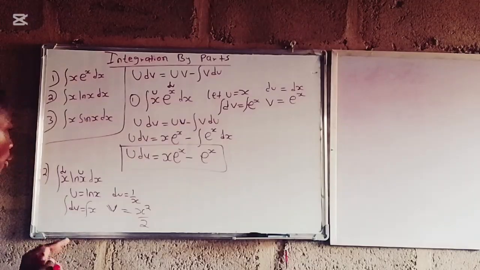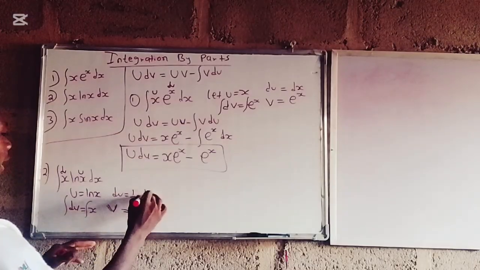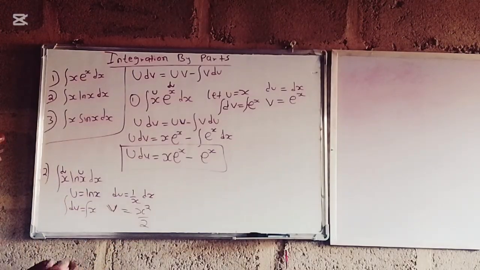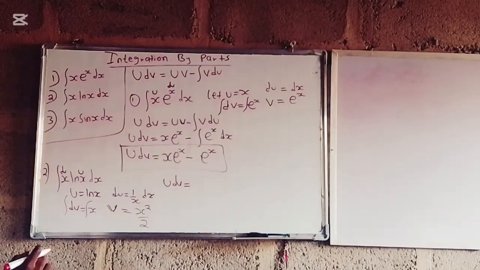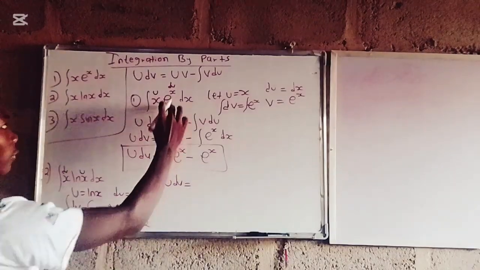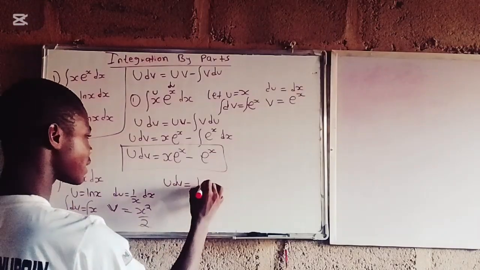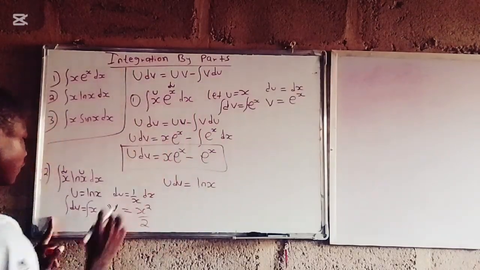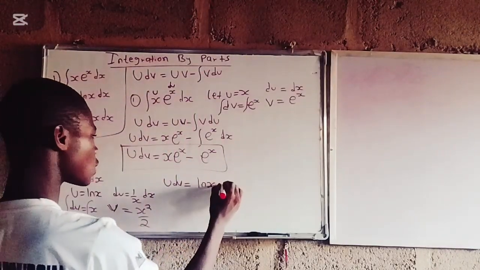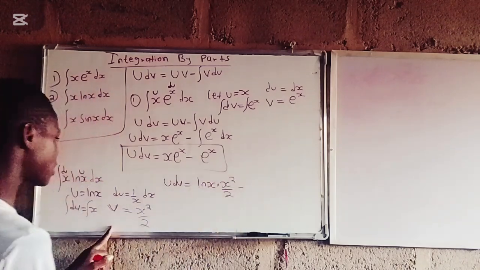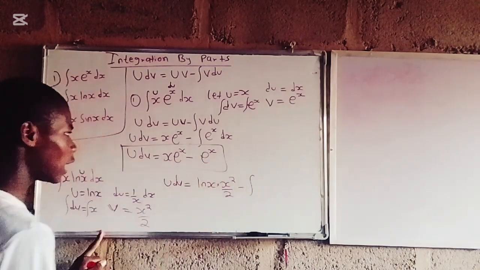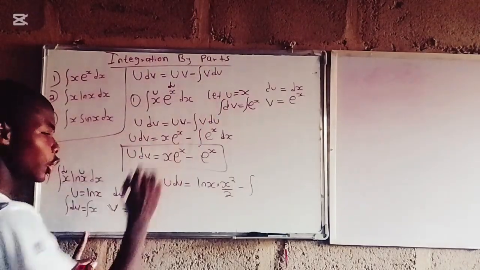So the next thing that I'm going to do, don't forget I have the x here. I have to say u dv should now be equal to, I have the value of what? U. U is ln x multiplied by v. V, which is what? X squared by 2, minus integral of v du.